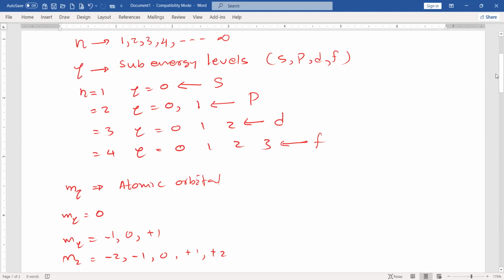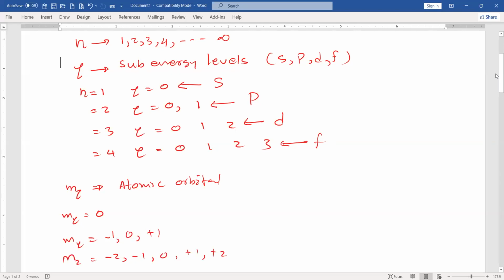Then we can count the number of quantum numbers for this ML. If L equals 0, it is 0 only. L equals 1, it is -1, 0, and +1. L equals 2, -2, -1, 0, +1, and +2.